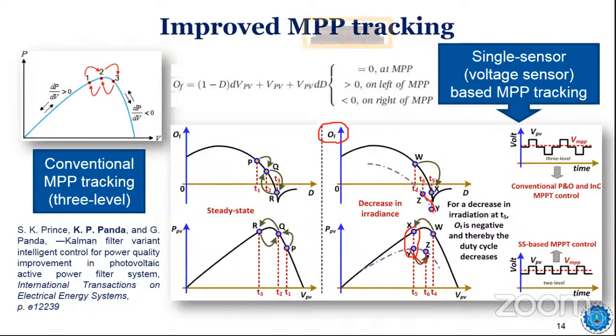So instead of drifting, and I mentioned what drifting is, drifting is moving towards the wrong direction, but here we are moving towards the right direction. So this type of technique never encounters the drift problem, and we will be tracking the accurate MPP even if there is a sudden change in the irradiation. That is the advantage of this type of technique.